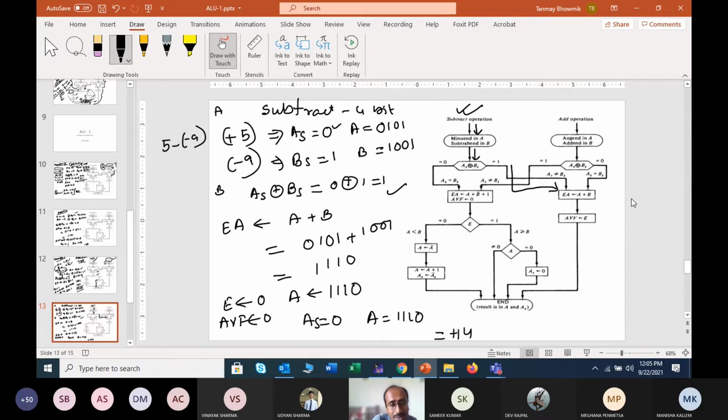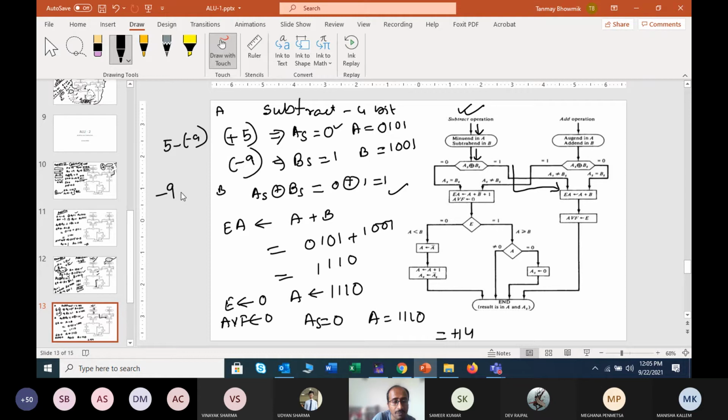Now think, if instead of giving plus 5 minus 9, they are opposite, just like if you are asked to perform minus 9 minus plus 5, then what should be done?